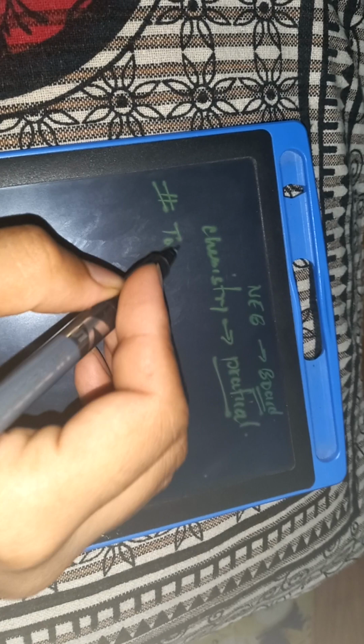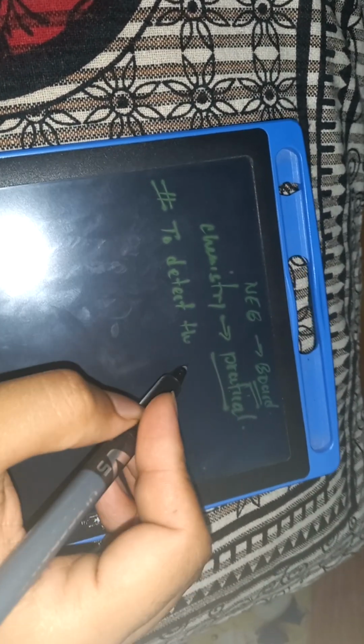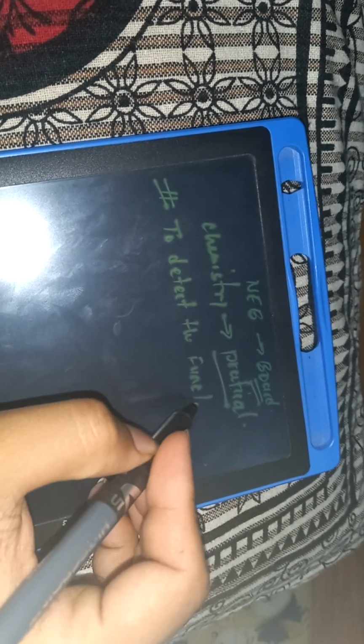Let's see how to detect the functional group.